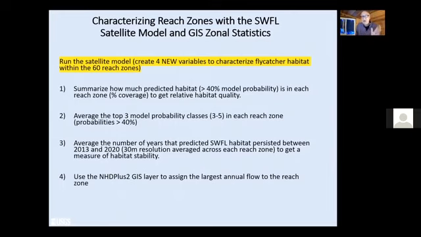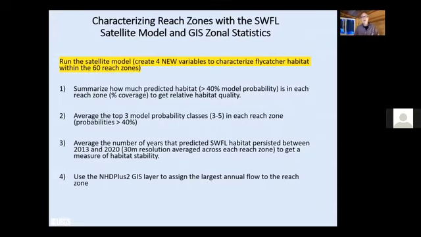So we ran the satellite model between 2013 and 2020, about the same date every summer, and then we averaged that, summed it up to see which cells had the highest values and which the least. And that corresponds to the number of years in which habitat persisted at any given area within that reach.